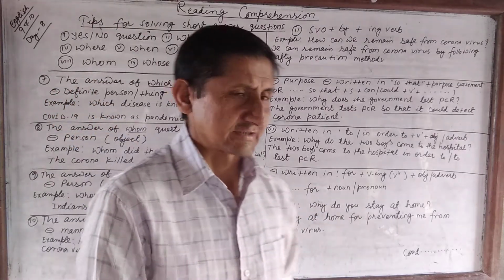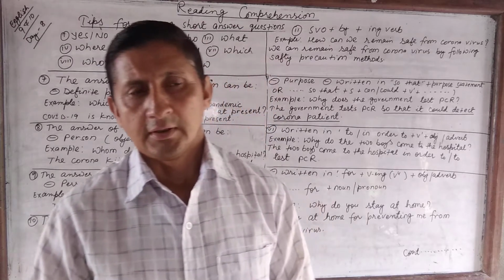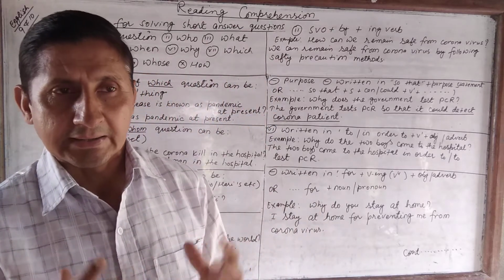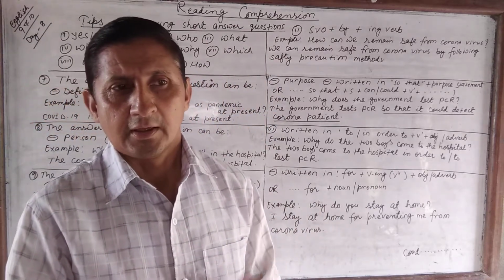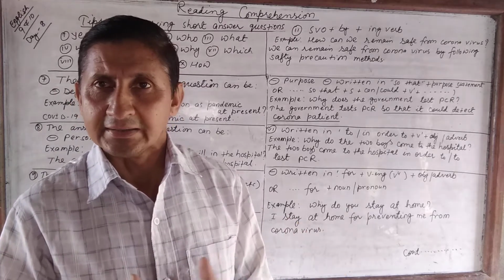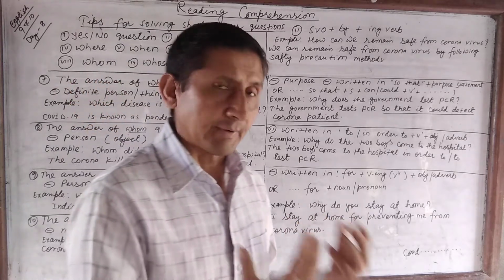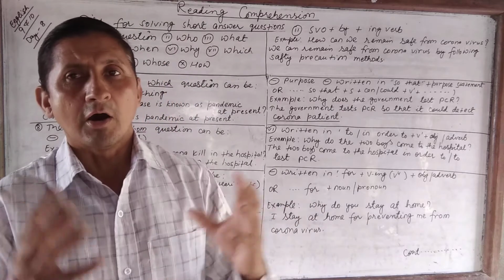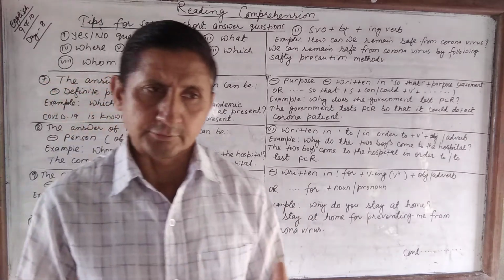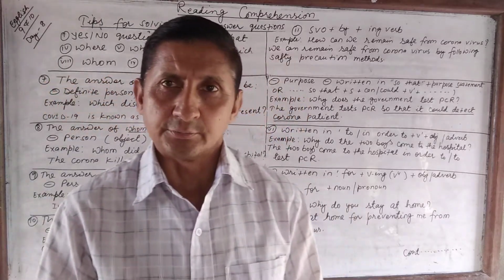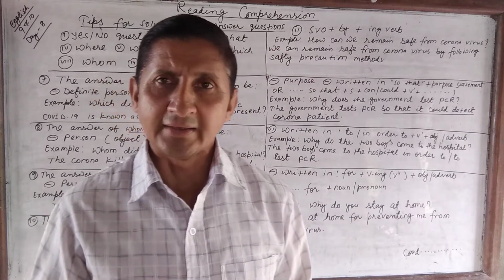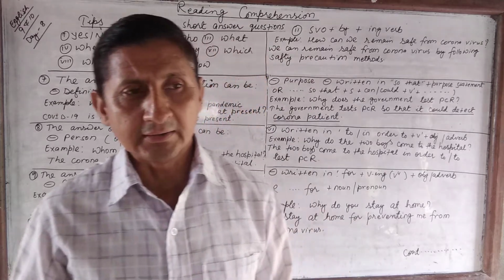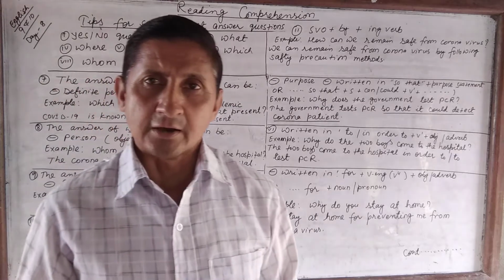If a how question starts with how long, you have to find out the length of something, or the length of time. If a how question starts with how often, you have to write the answer using the word once or twice or regularly or quite often.